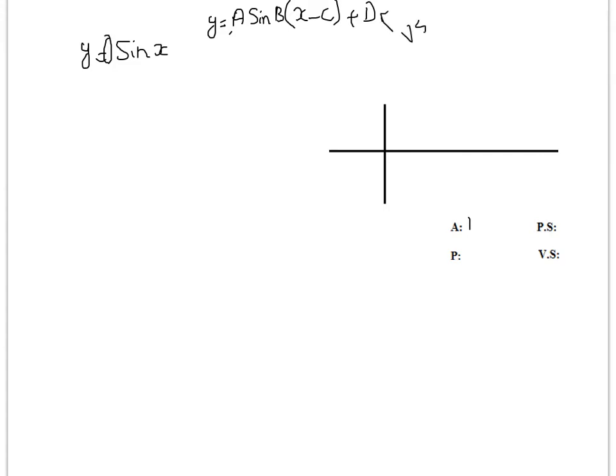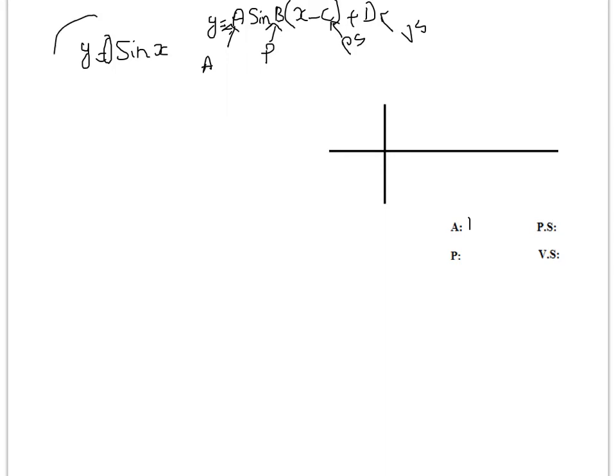Let me write it. C is the phase shift, PS. B helps you to find the period. Remember, this is not period. This helps you to find the period. And A is called the amplitude. Okay? These are the 4 constants you need from any sine or cosine function.